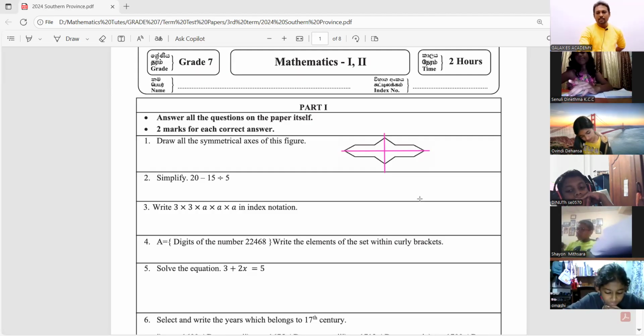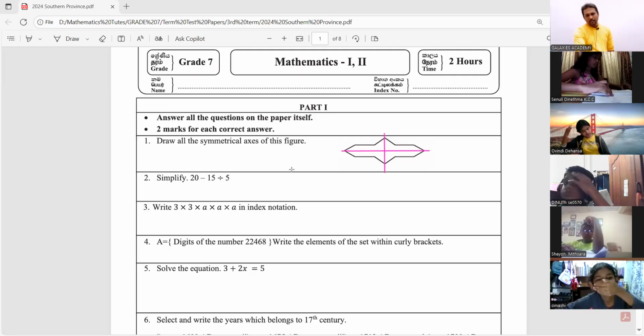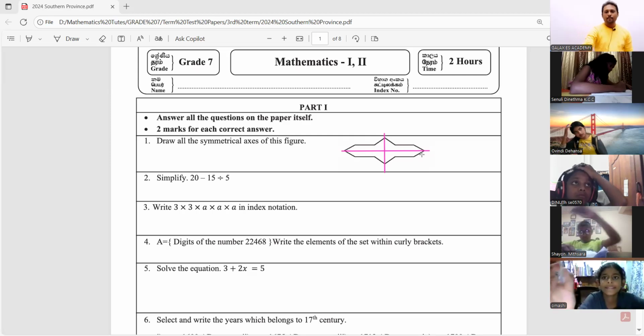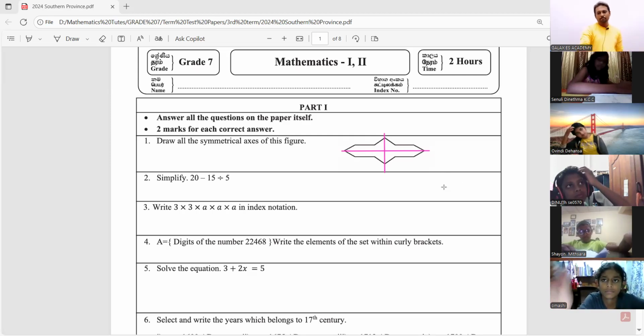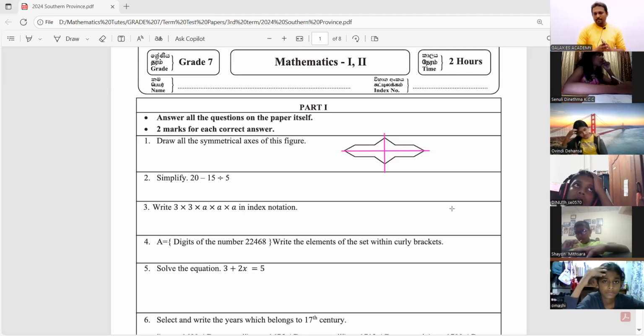These are the symmetrical axes. So you have to mark both axes of symmetry, then you can get full marks for this question. If you mark only one axis of symmetry, you can mark the other axes also using a red pen.